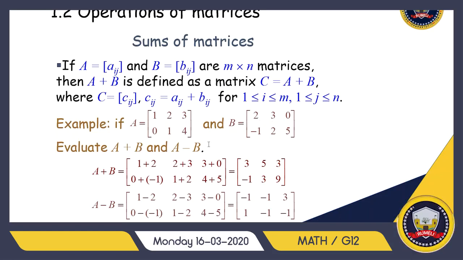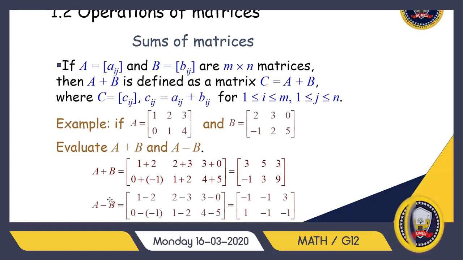So the answer, which is C, equals: take each one of these elements and add this element to the corresponding element. This gives us the new element of C. For example, 1 plus 2 gives us 3, and 2 plus 3 gives us 5. 3 plus 0 is 3, and 0 plus negative 1 is negative 1.